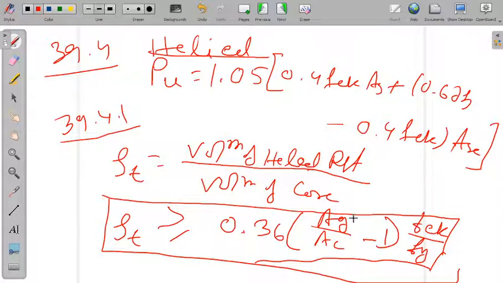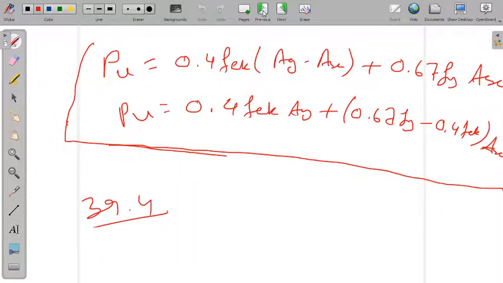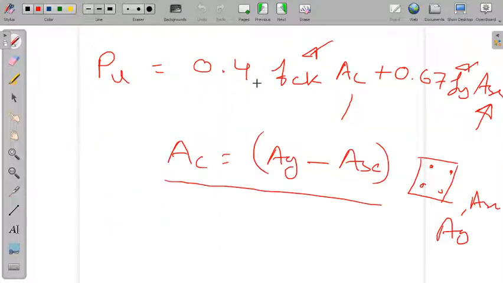AG by AC, we know AG is the gross area. Sorry, here this AC is indicating the core area. But in the earlier equation, if you go back, this AC was something different, that was indicating the concrete area.